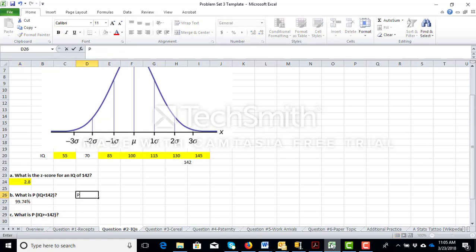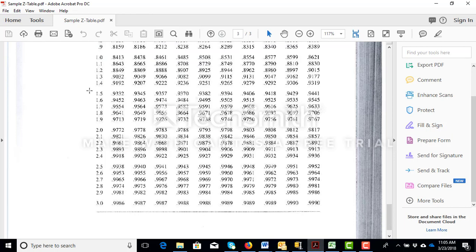Another way to say this is the probability that z is less than 2.8. The first thing to do is to compute the z-score. The second thing is to check your z-table, and then you should be able to find the percentage there. Remember, the way the z-table is set up is the z-scores are on the outside of the table, the percentages are on the inside.